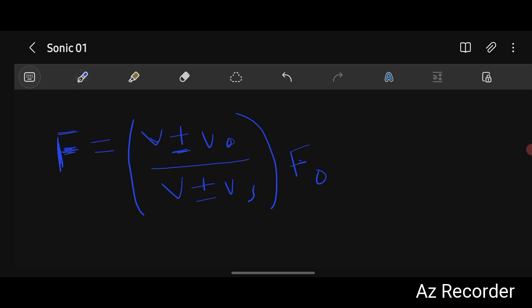So guys, this is the general equation of the Doppler's effect.